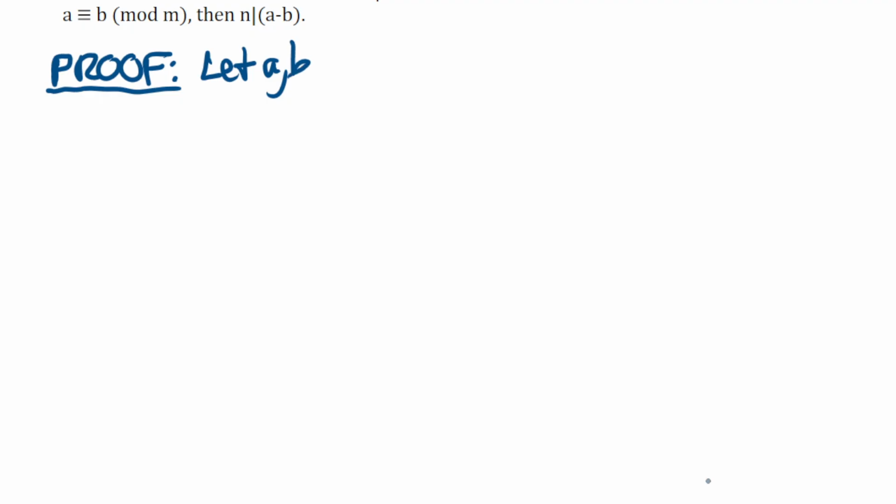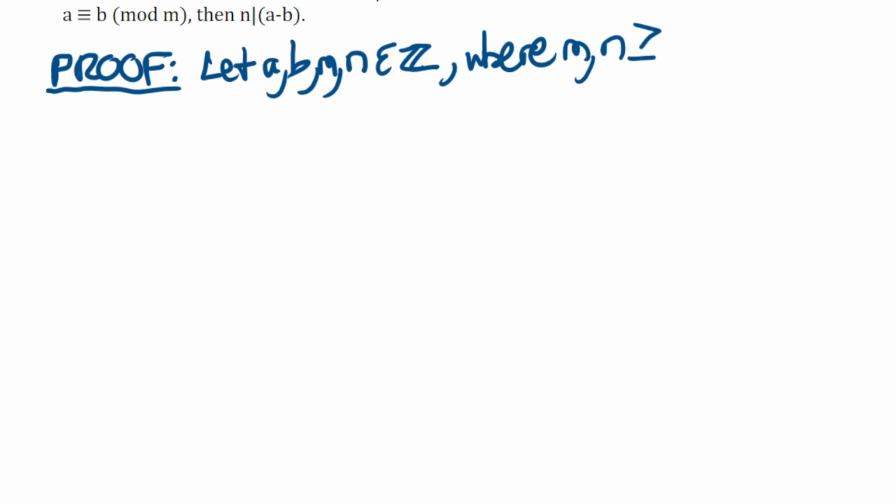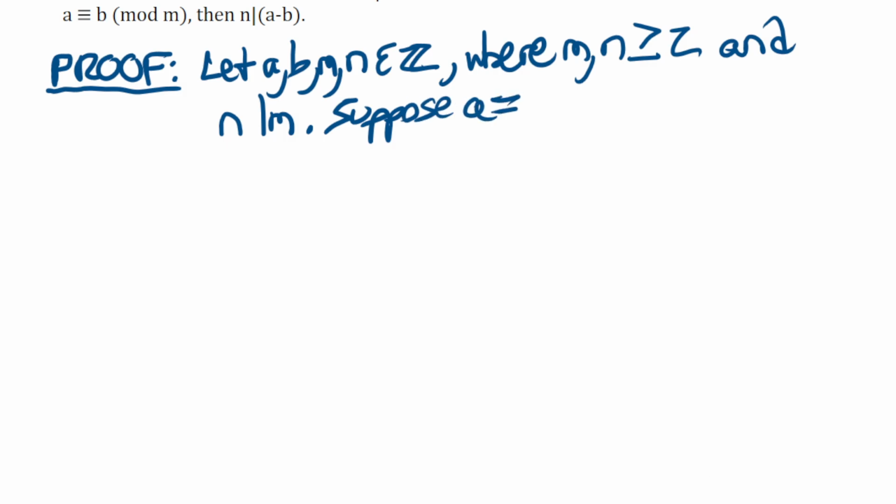Let a, b, m, n be integers, where m and n are greater than or equal to 2, and m divides n, got that backwards, n divides m. So let's suppose that a is congruent to b modulus m.